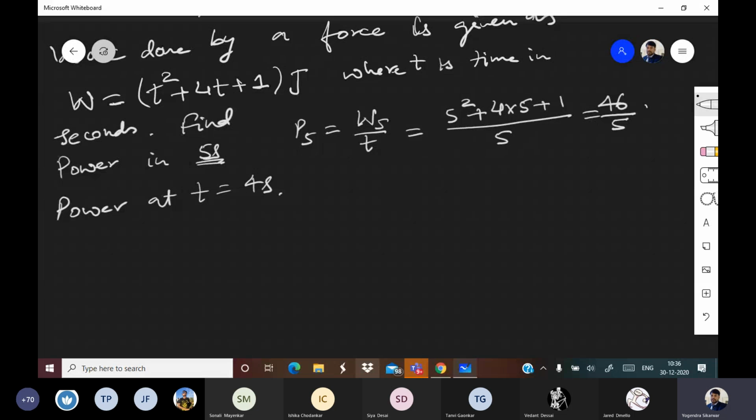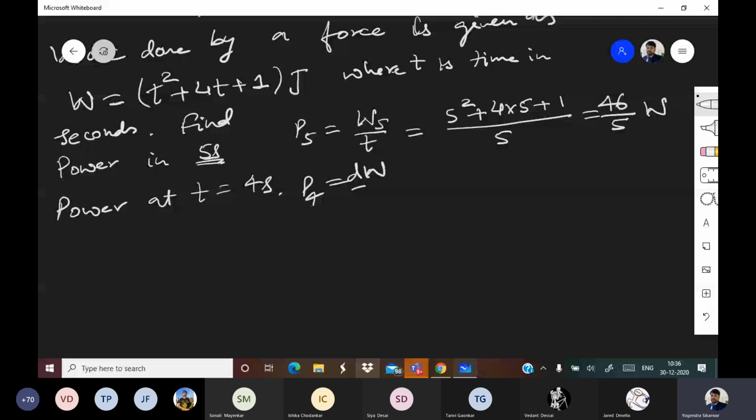Now comes power at t is equal to 4 seconds. So P4 is equal to dW by dt, which is d by dt of t square plus 4t plus 1. That comes out to be 2t plus 4.